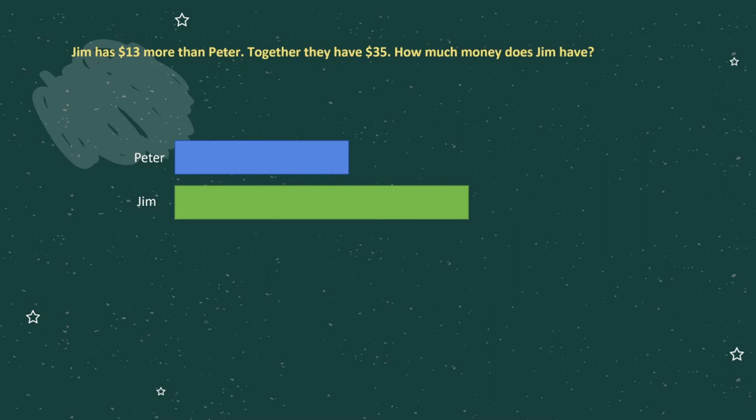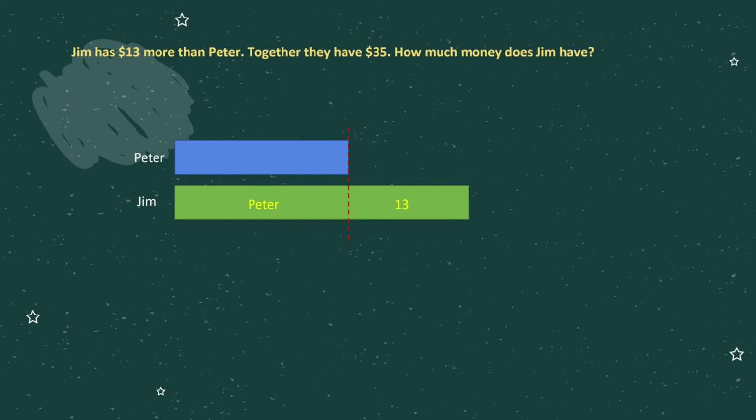Now, if we align the bars and draw a line here where Peter's bar ends, the part of Jim's bar on the right of the line is the extra money that Jim has compared to Peter, which is 13. The part on the left then has the same length as Peter's bar. This part is therefore Peter, like this.